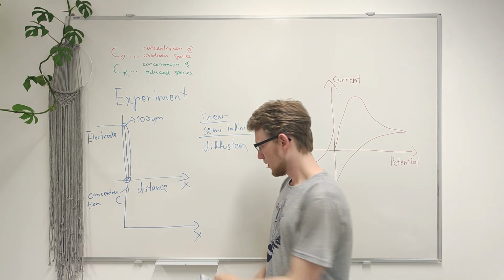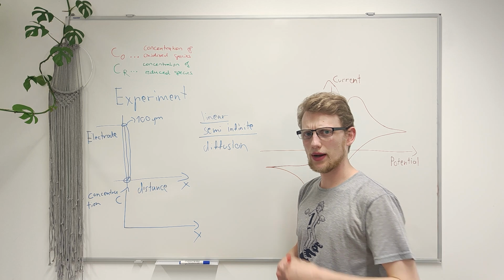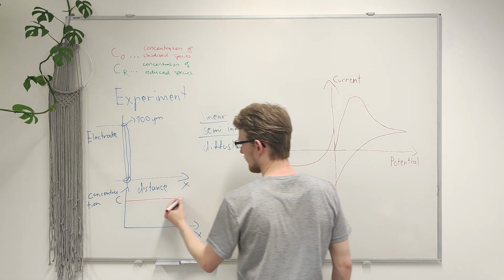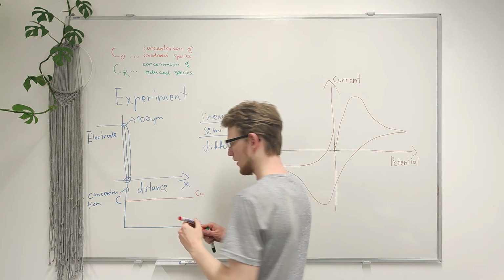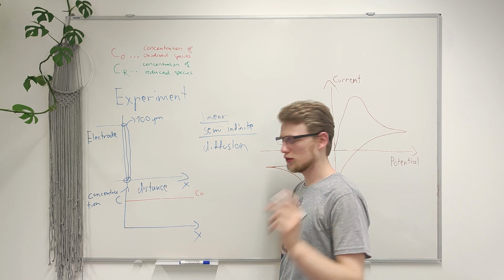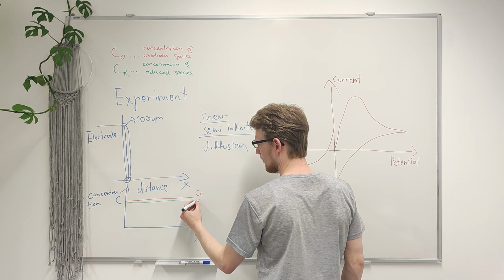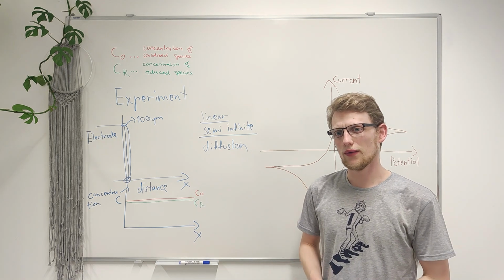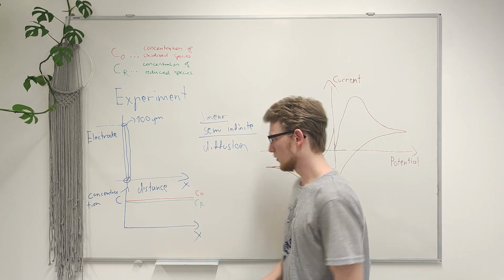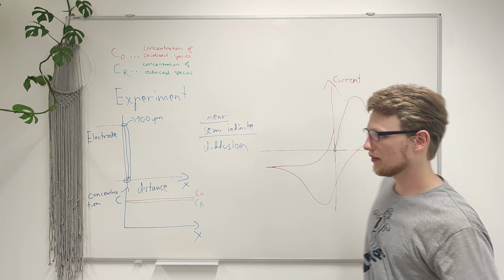So here we depict for the oxidized species in red. The concentration is this, and we should have the very same for the reduced species. In solution, both are there 50-50. Now, these are the starting conditions for the experiment. So we are just at this point.